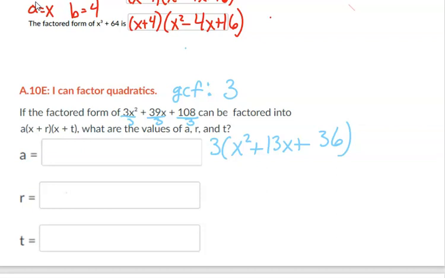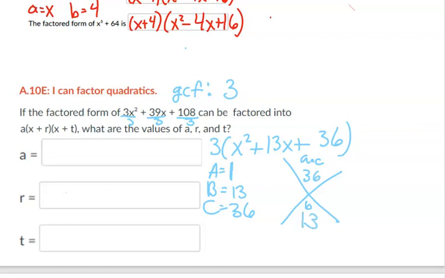From there, we're going to identify our a, b, and c to help us factor. We have 1x squared, we have 13 x's, and we have 36 constants. So we're going to have a times c here and b down here. 1 times 36 is 36, and then our middle term is 13.